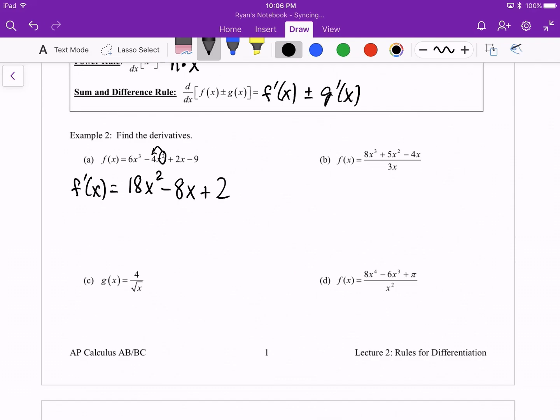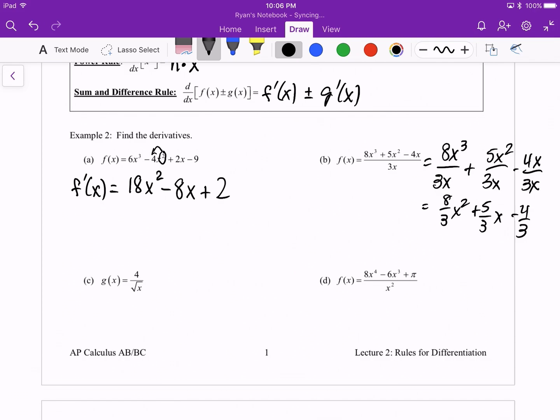Whenever you can split through the numerator like this, you don't have to worry about using the quotient rule, and sometimes it's a lot easier to avoid the quotient rule altogether. So I'm going to split through the numerator by putting the 3x under all of the terms in the numerator, and that's going to simplify to 8/3 x squared plus 5/3 x minus 4/3.